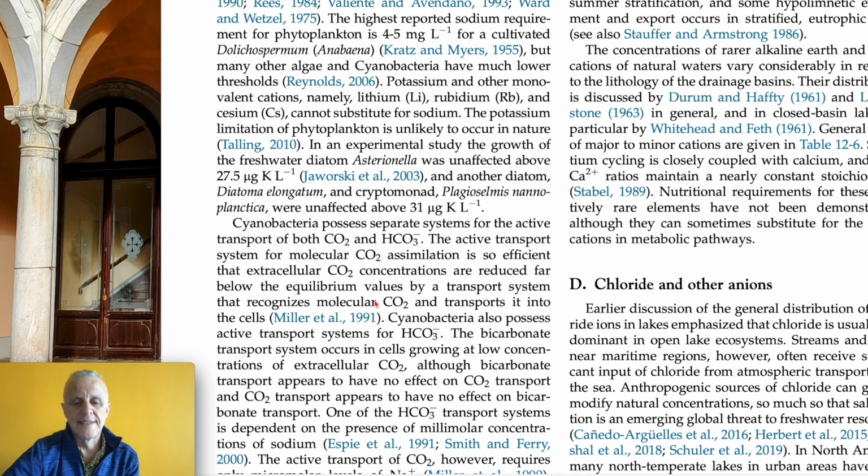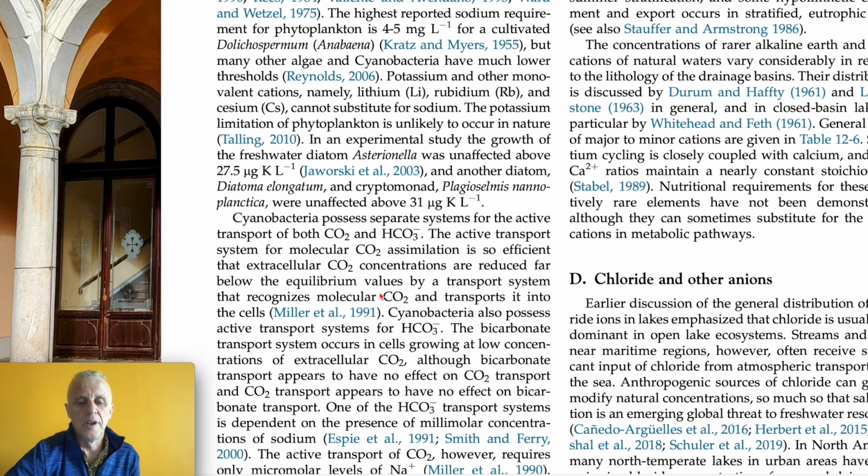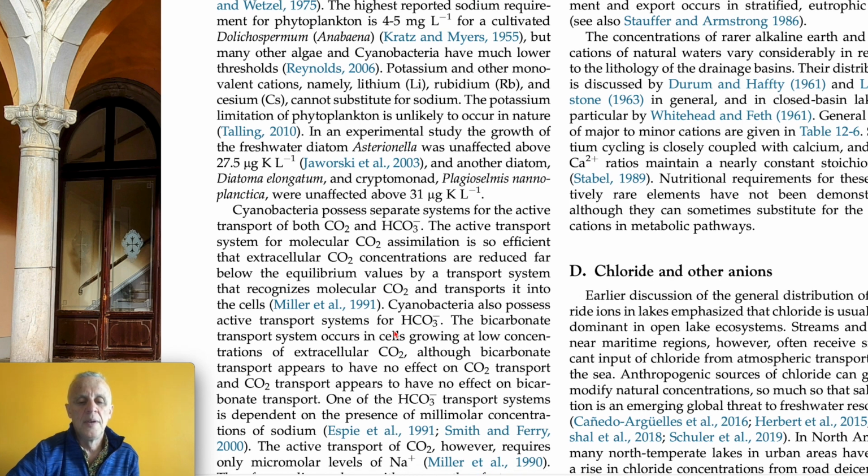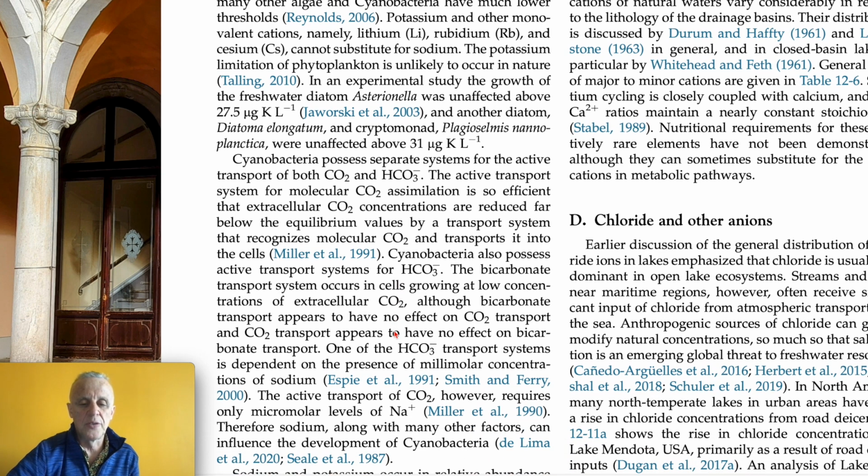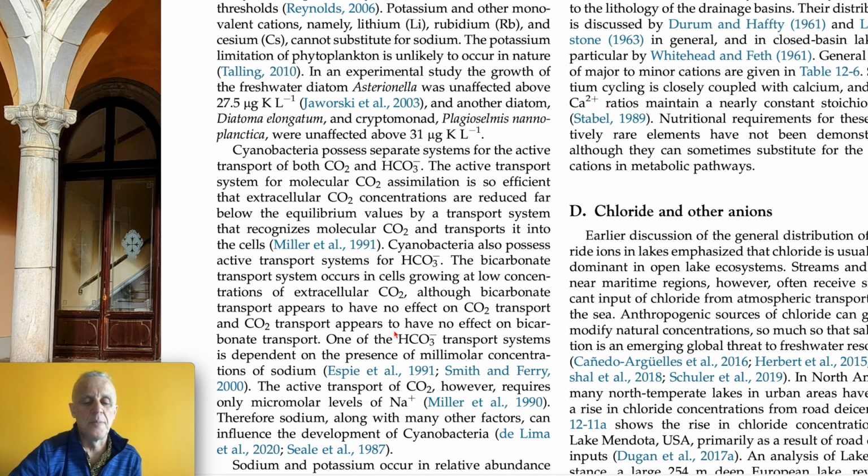Cyanobacteria possess separate systems for the active transport of both carbon dioxide and bicarbonate. The active transport system for molecular CO2 assimilation is so efficient that extracellular CO2 concentrations are reduced far below the equilibrium values by a transport system that recognizes molecular CO2 and transports it into the cells. Cyanobacteria also possess an active transport system for bicarbonate.